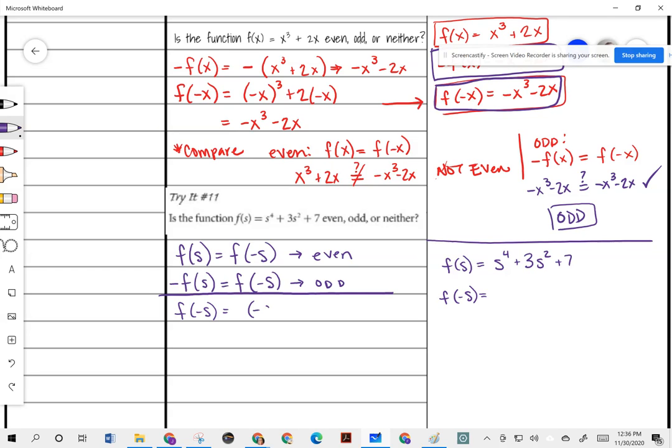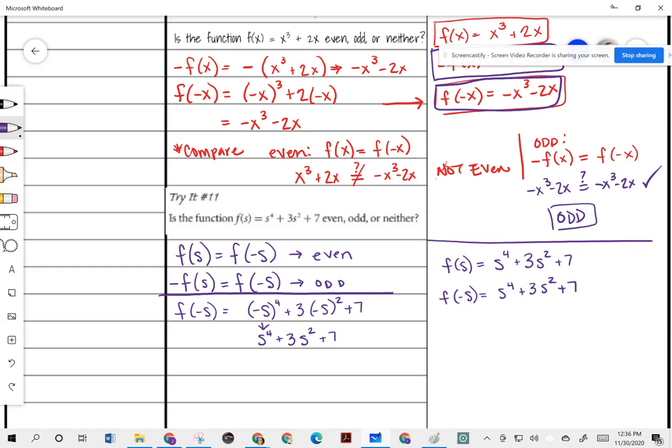Everywhere where there's an s, you're replacing s with negative s. And that's going to be positive s to the fourth. Negative s squared is positive, so you're going to end up with positive 3s squared plus 7. So we're going to put that over here, s to the fourth plus 3s squared plus 7.